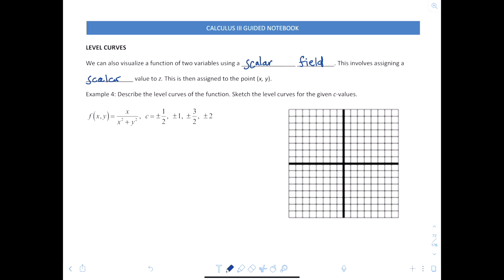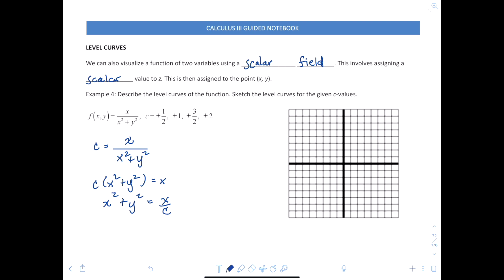If you take a look at some scalar c, right, equal to x over x squared plus y squared, we would get c times x squared plus y squared, just doing a little algebra, is equal to x. And then x squared plus y squared would be x over c, right?